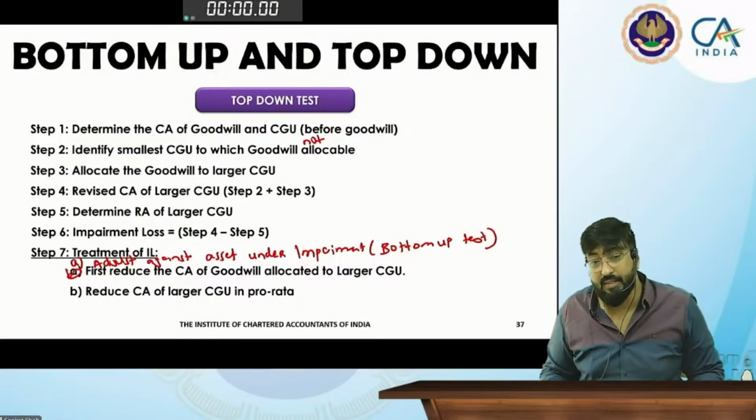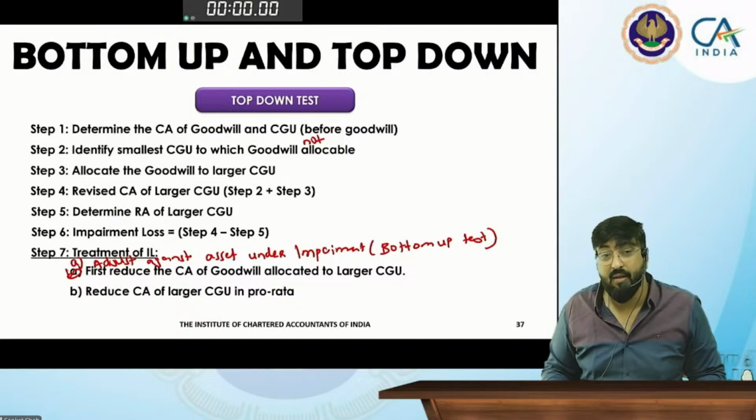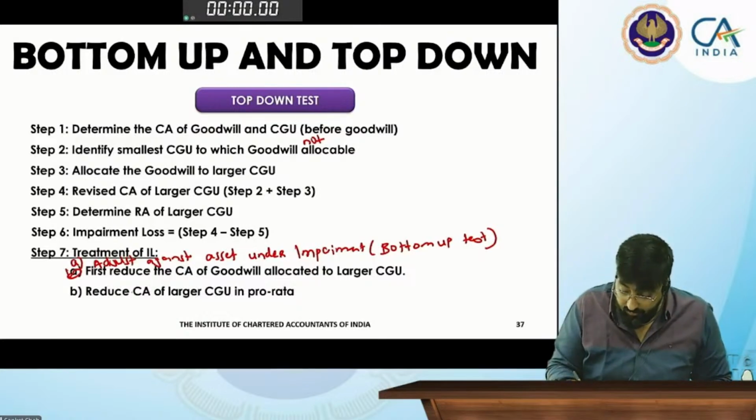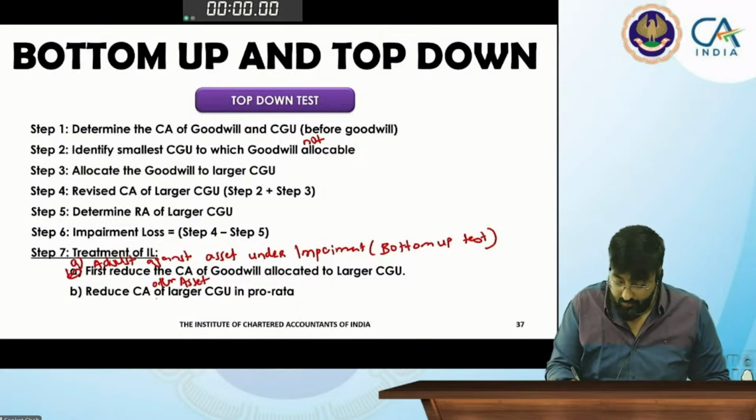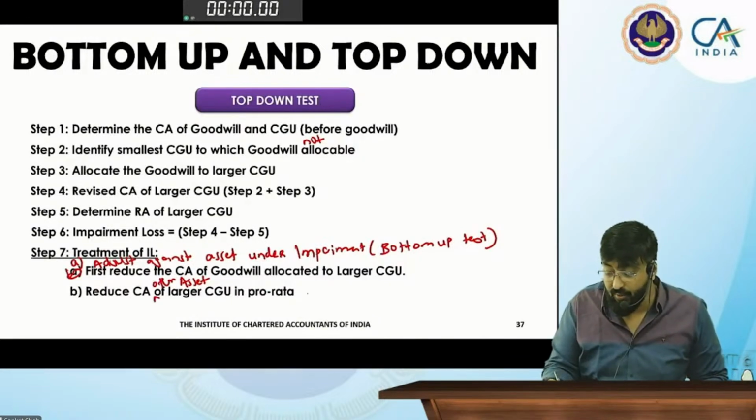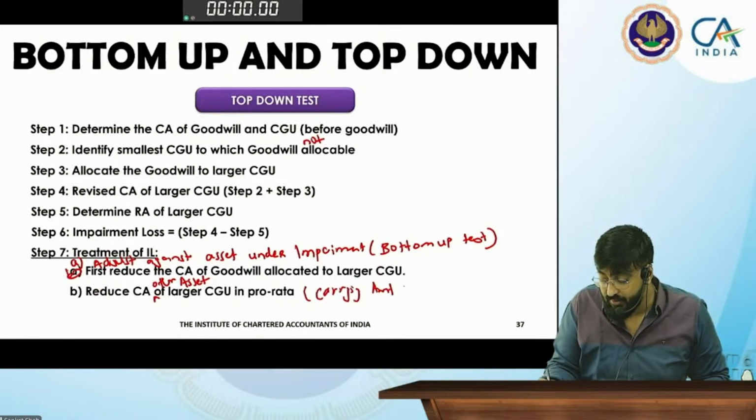Then second, you will reduce against goodwill, and reduce the carrying amount of the larger CGU's other assets, on a pro rata basis. The basis was the carrying amount of assets, not the fair value of the assets.